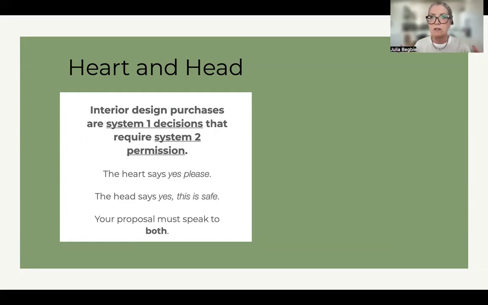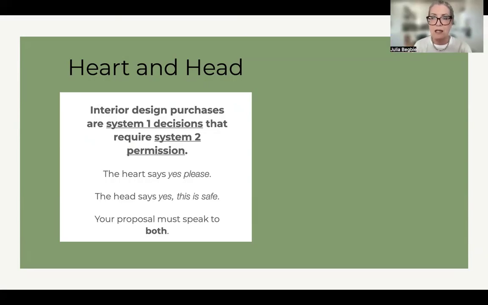So it can be based on how compelling the story is that you weave for your client. The client is going to get wrapped up in that, and the client is going to want to go ahead, but they need system 2 permission. System 2 is the logical, practical side of them.